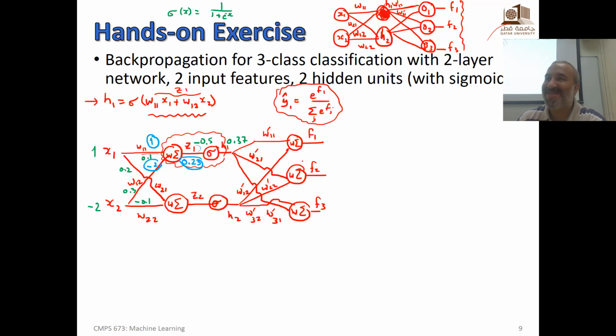How can we do it? Okay, so we need to raise each value to the power. So we have e to the power x here, only one for each one.